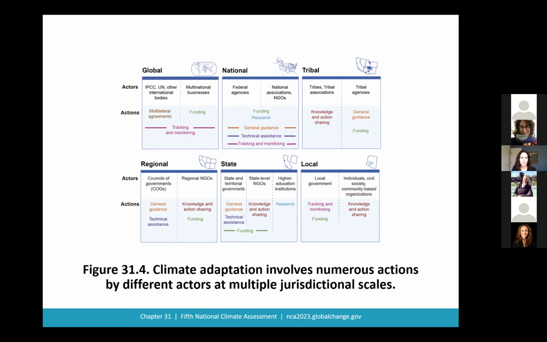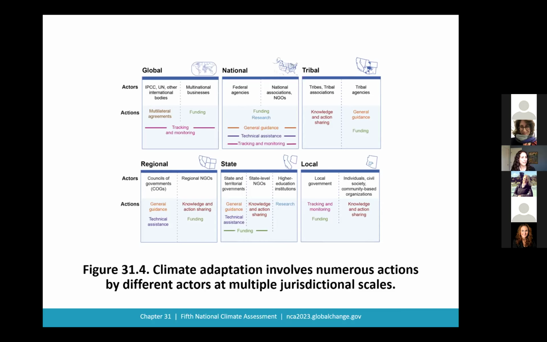And these organizations are both directly implementing adaptations, but they're also supporting adaptation through funding, through providing guidance and research, and through other activities. And with all of this activity happening in all these different sectors, all these different scales, a lot of adaptation is presently taking place in a somewhat fragmented and siloed manner.